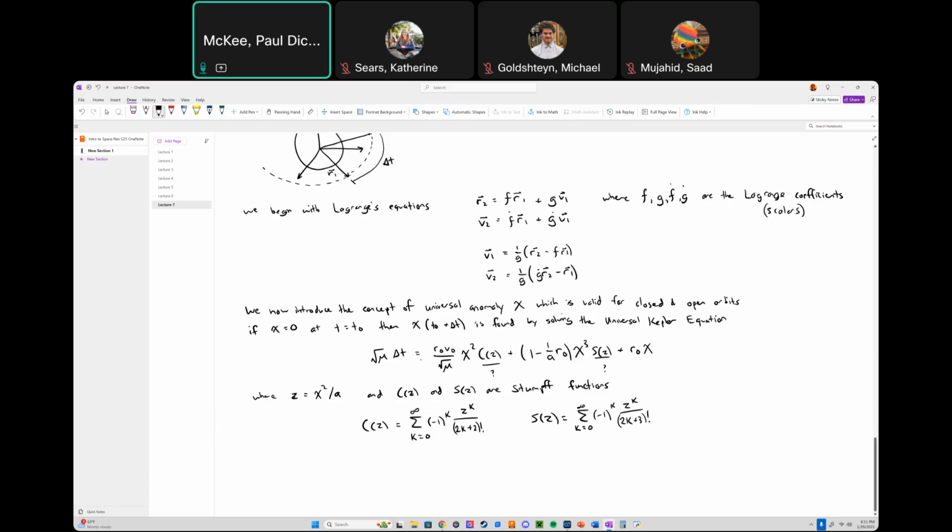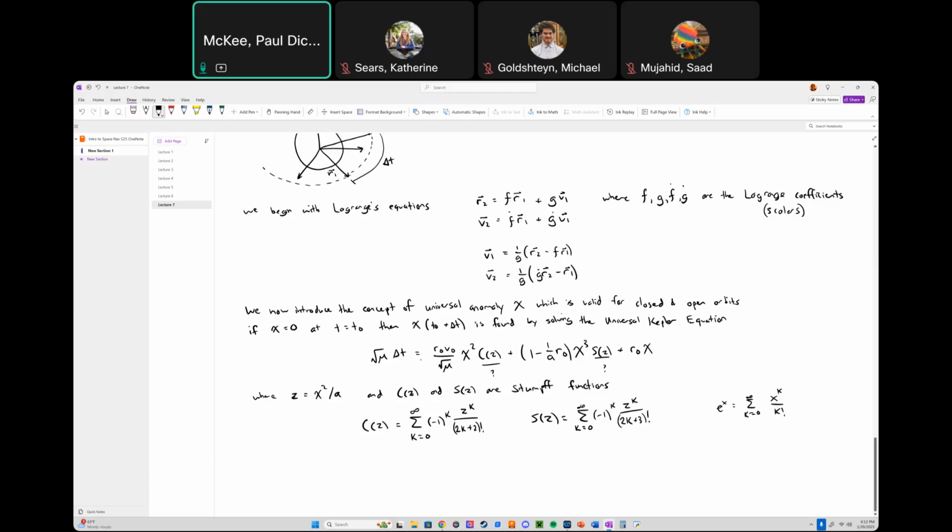So these kind of drop out of nowhere. Maybe to make them a little bit friendlier, I'll remind you that the exponential function, which is just e to the power of x, is the sum from k equals 0 to infinity of x to the power k over k factorial.